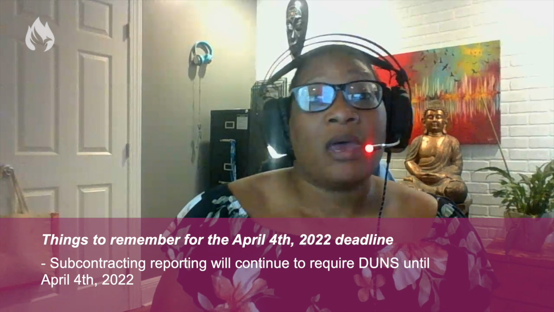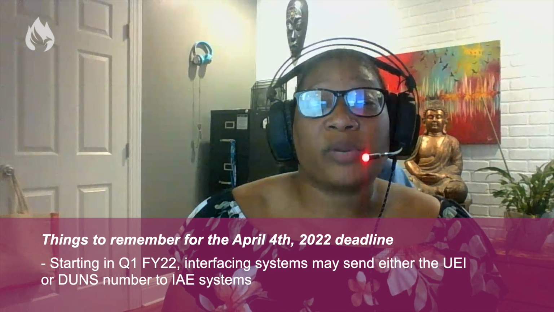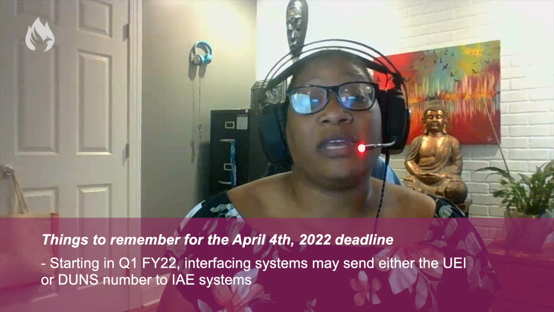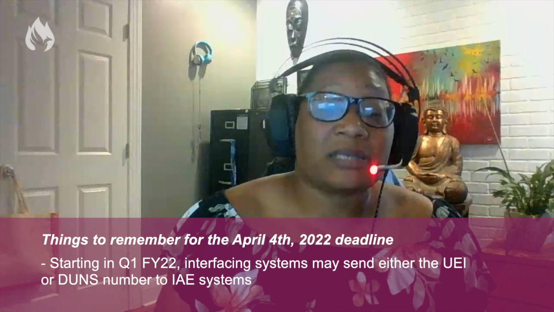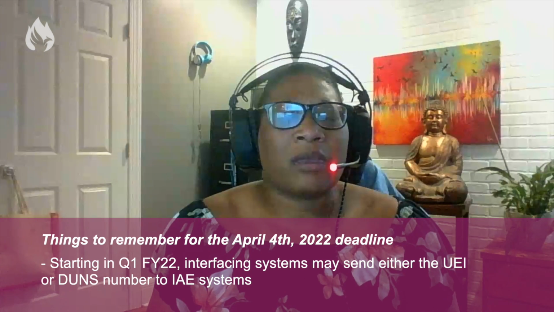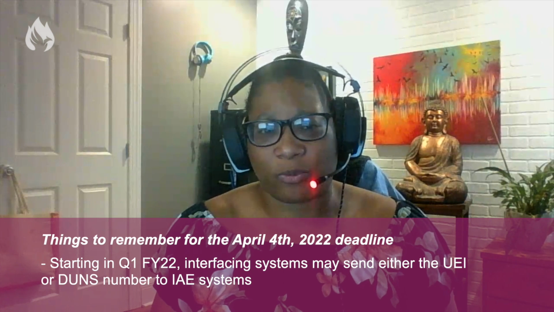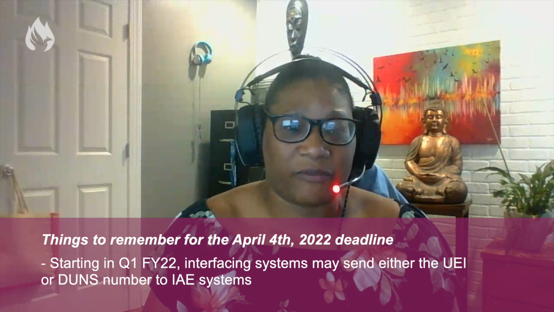Also, starting in Q1 of fiscal year 2022, interfacing systems will be able to send either the UEI or the DUNS number to any systems that are linked in that kind of pull information. And for that, we're talking about usually a lot of government offices that do checks, like government offices that award contracts, they will do an internet pull of your DNB information.